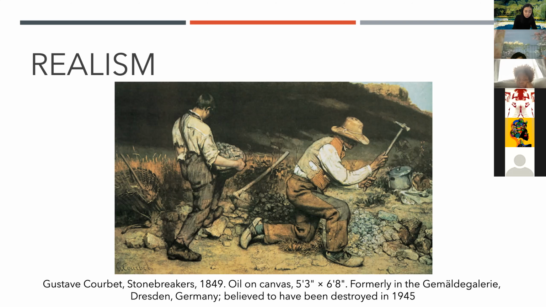The artist, Courbet, in this painting highlights the backbreaking and monotonous work of the poor. The breaking of stones was a job taught by older generations to the young men, and it was a job a man would have for a lifetime.